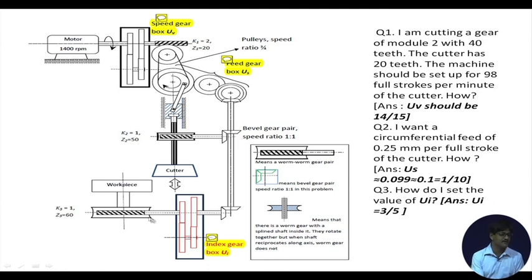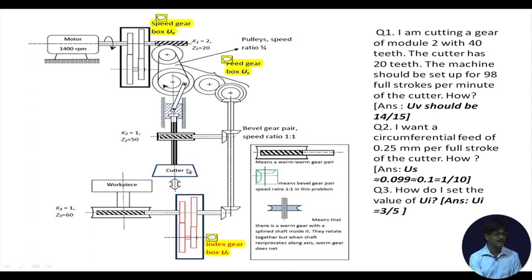And what is the basic idea? The idea is that UI should be set to such a value that the rotations that I am providing to the cutter and the workpiece should be exactly equal to the inverse ratio of the numbers of teeth on the cutter and the workpiece, so that they will be rotating as if they are rolling with 20 and 40 teeth respectively.